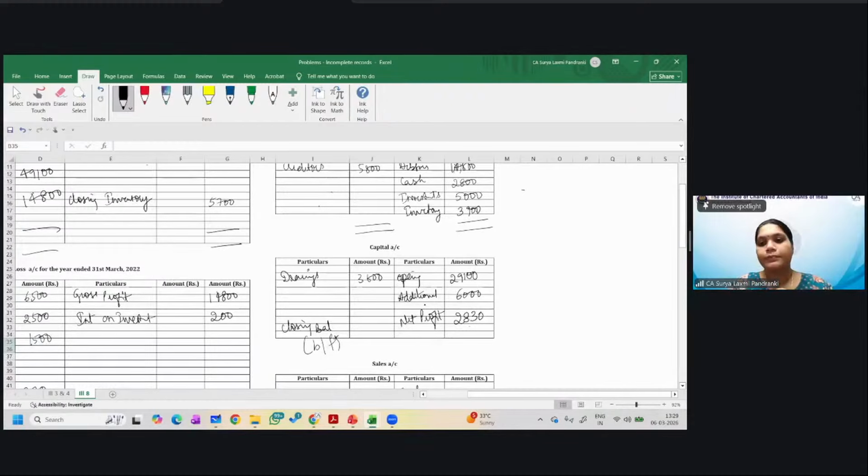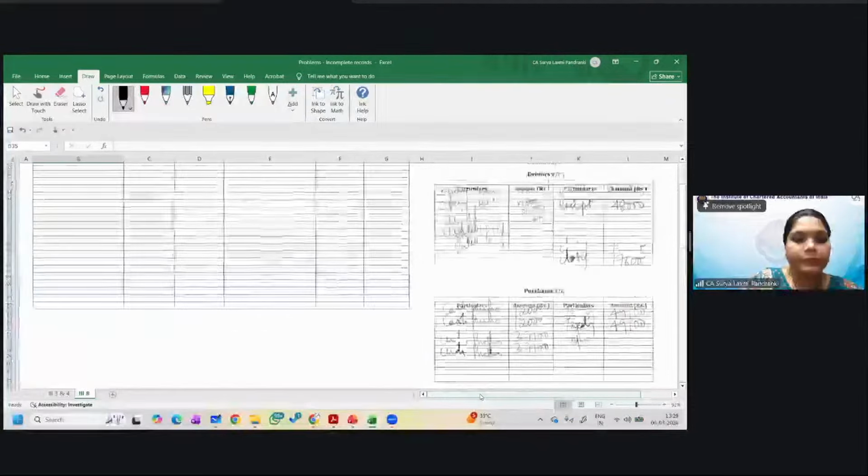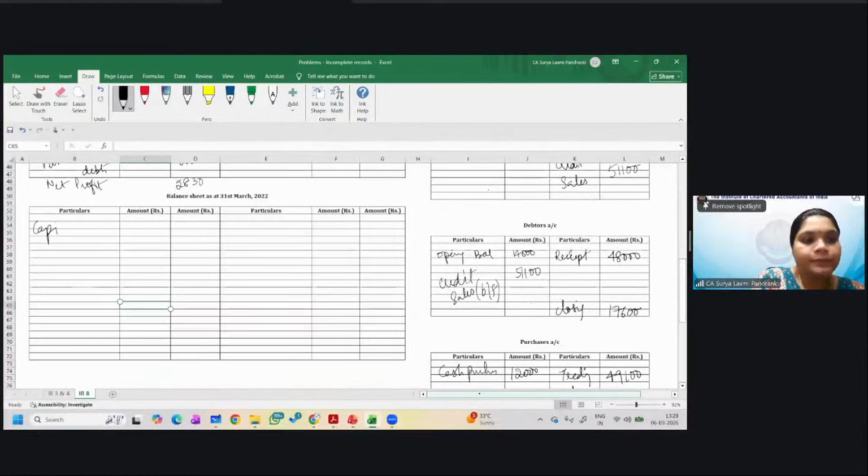Calculate the balancing figure. 34,330. Fine. Now I'm moving to balance sheet. Capital will be 34,330. How did we get? We just have calculated. You can show that breakup, drawings, and then we had net profit, additional capital, all that, and the closing balance is 34,330.